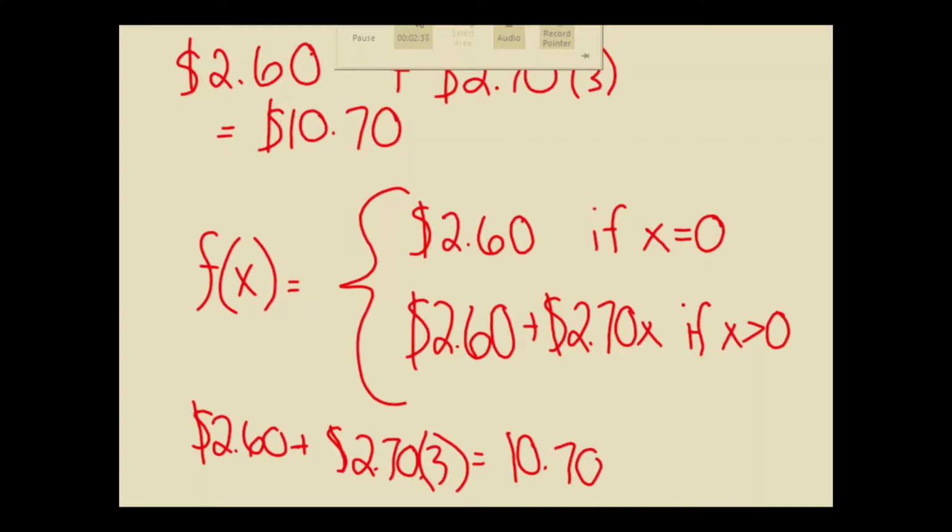Which again would be $10.70 for a round trip of 3 miles.